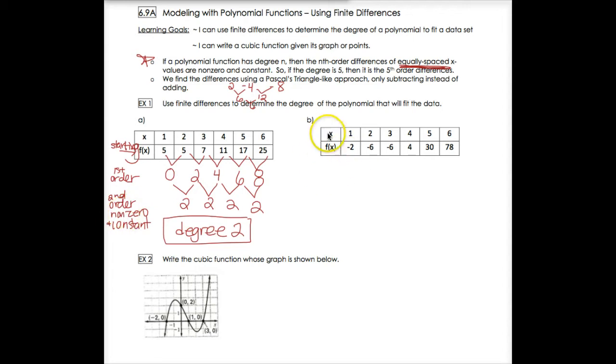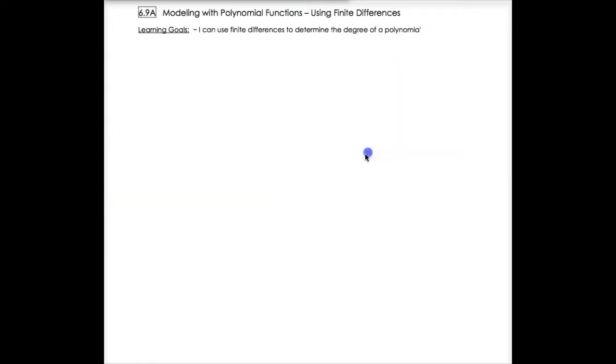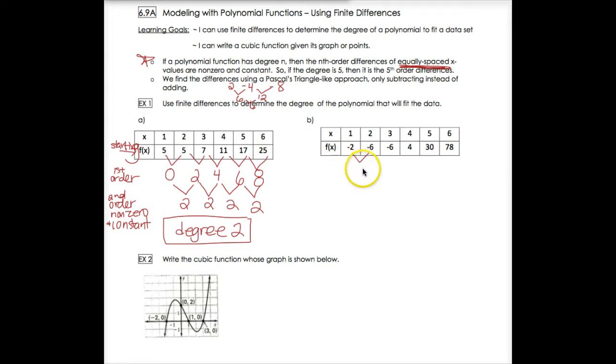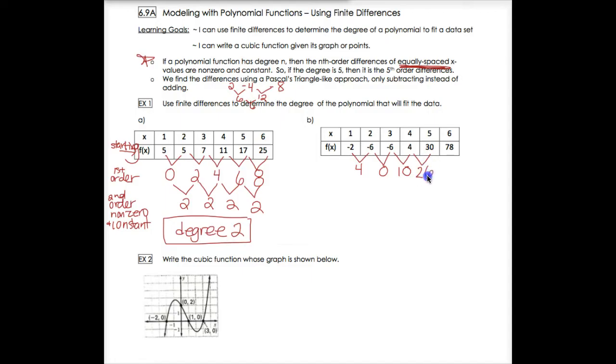All right, so let's look at that one more time. So again, equally spaced 1 through 6. The difference between -2 and -6 is 4 units. -6 and -6, that's 0. Between -6 and 4, that's 10 units. Between 4 and 30, 26.